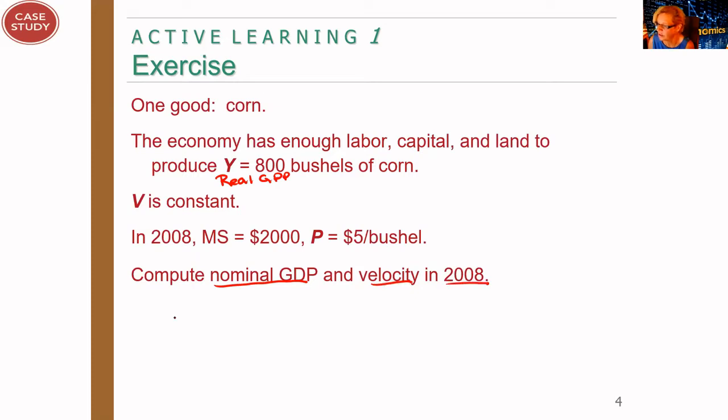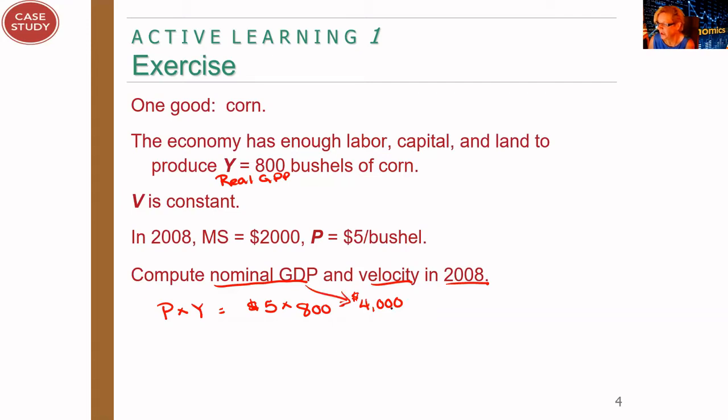Remember that nominal GDP is just the price level times real GDP. So if our price level is $5 a bushel times real GDP of 800, that gives us 4,000 as nominal GDP.